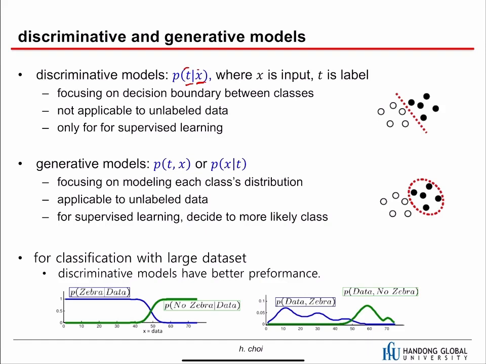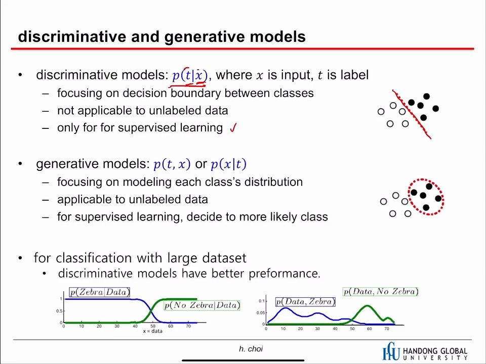Like, is it a lion or is it a tiger? Is it a bear? Something like that. So we are interested in the mapping from X to T. Discriminative models focus on decision boundaries like a classification. So we're interested in this kind of boundary, and it is not applicable to unlabeled data. So we're interested in supervised learning.